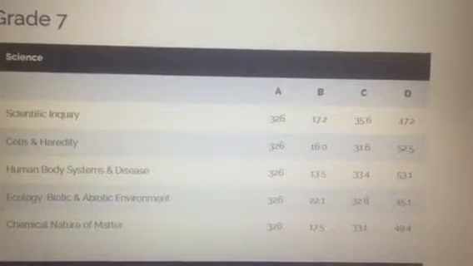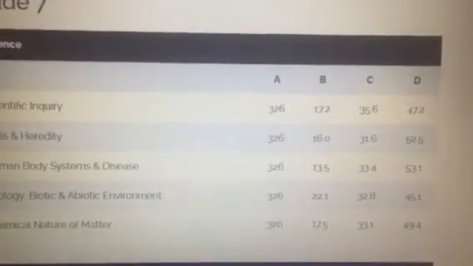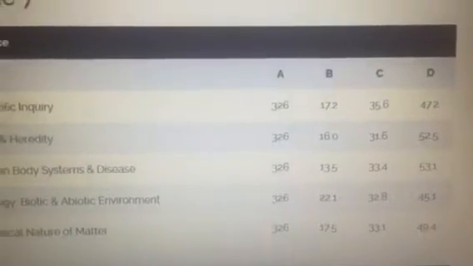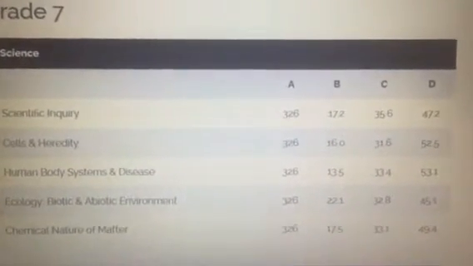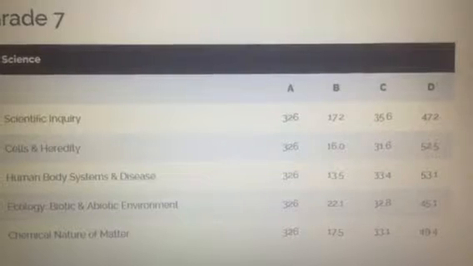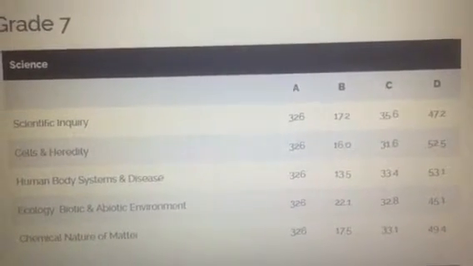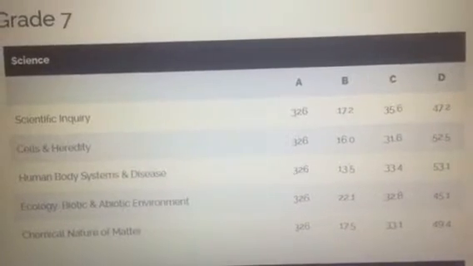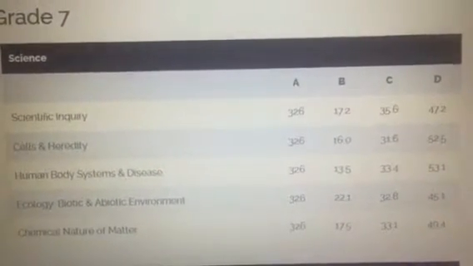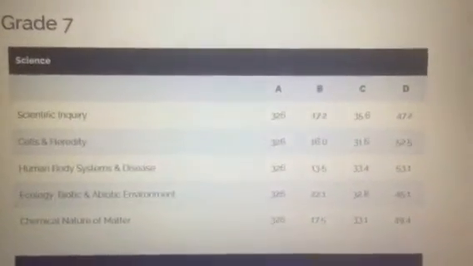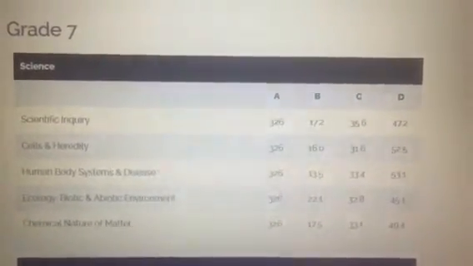For students demonstrating weaknesses, once again, the weaknesses portion is fairly low for 7th grade science, with about 17%, 16%, 13%, 22%, and 17.5% of our students demonstrating weaknesses in the identified areas. So once again, very beneficial information as we plan for instruction for this year.